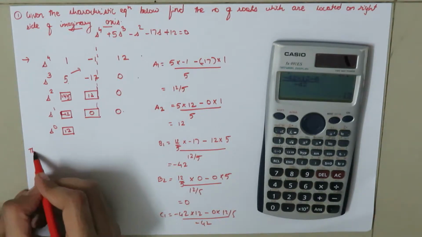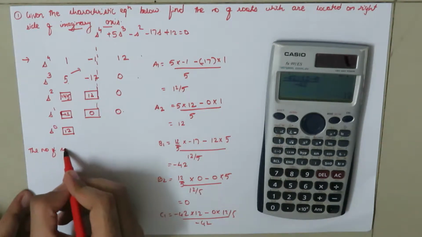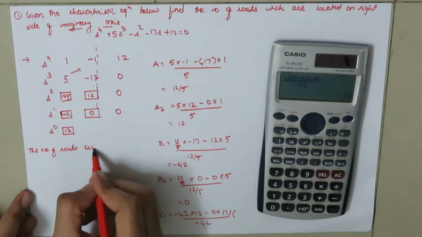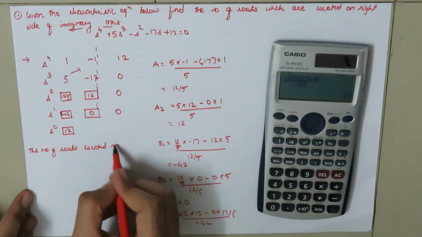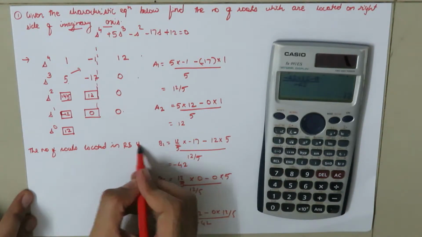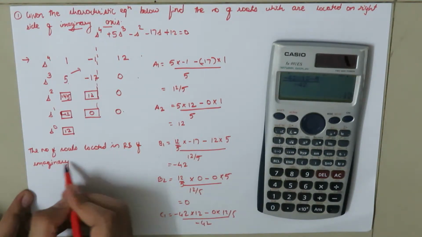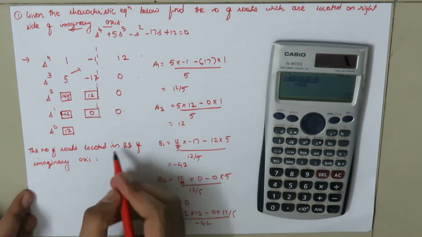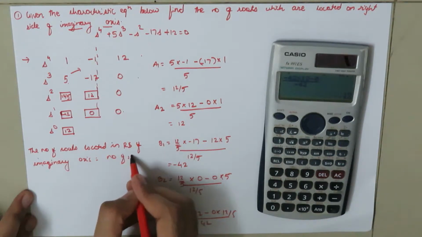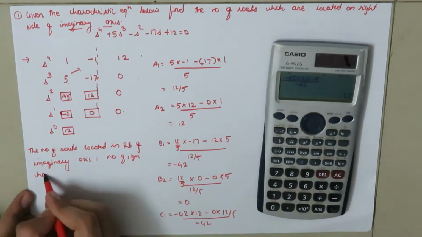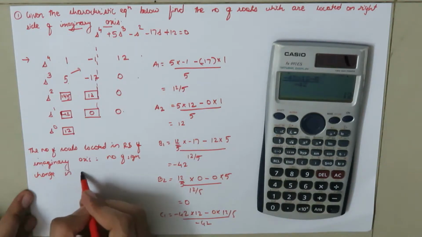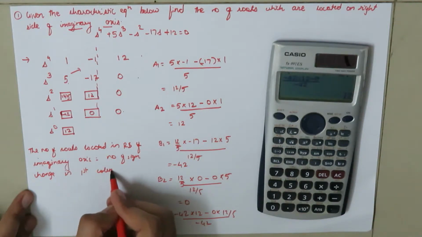So the number of roots located in the right side of the imaginary axis is equal to the number of sign changes in the first column.